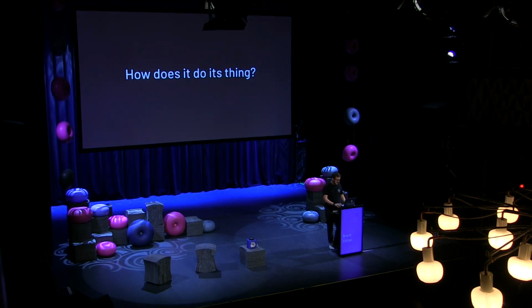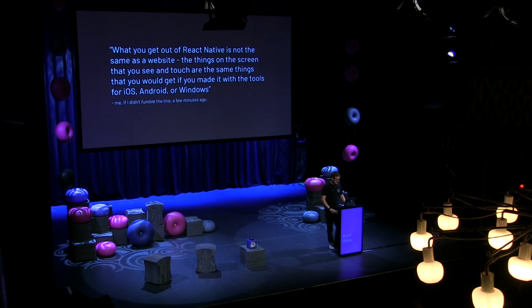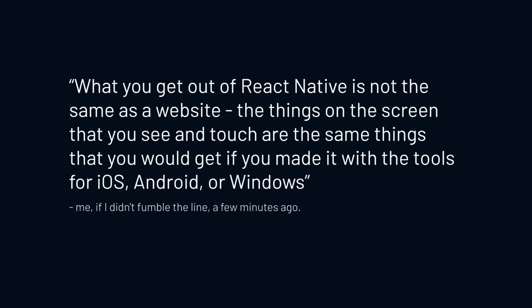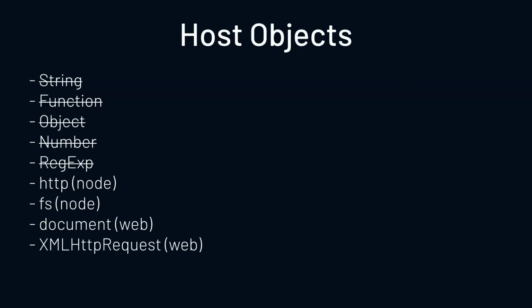So how does it do its thing? I mentioned something roughly like this a few minutes ago. So how does that work? Well, JavaScript has this concept of host objects and built-in objects. So built-in objects are the things in the ECMAScript spec.